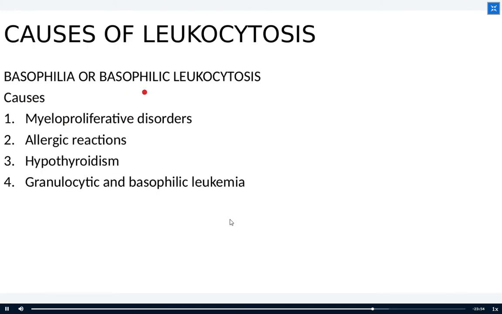So basophilia or increased basophil can be seen in myeloproliferative disorders, allergic reactions, hypothyroidism, granulocytic, and basophilic leukemia. Allergic reactions, class. What is the name of the immunoglobulin that is usually produced that can be caused by your basophil? So you have your IgE.